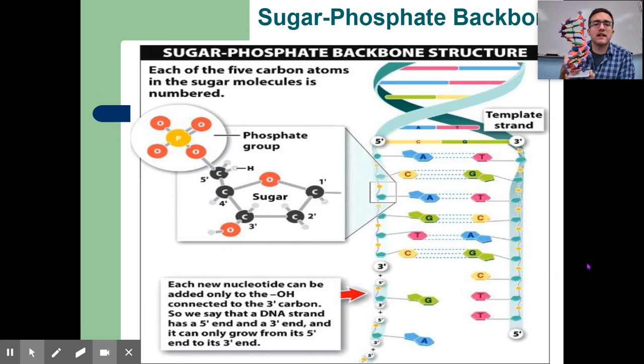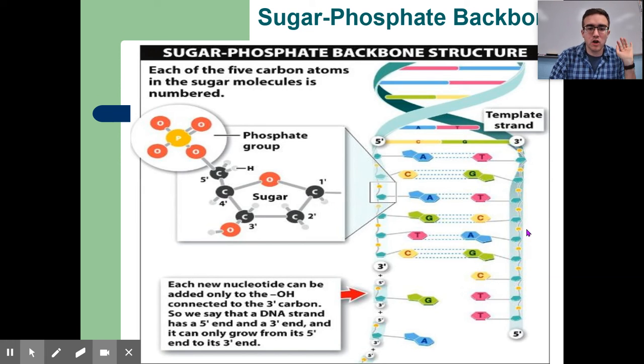Because of that, they're complementary to each other, right? They're not the same strands. They're complementary to each other. Because of that, they run opposite of each other. So when we talk about the sugar phosphate backbone, we talk about them running in opposite directions.